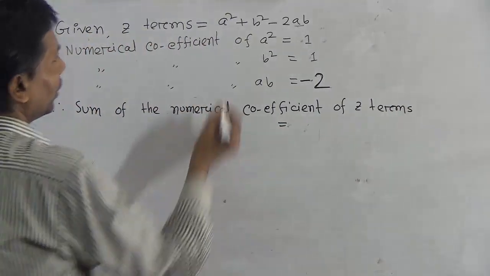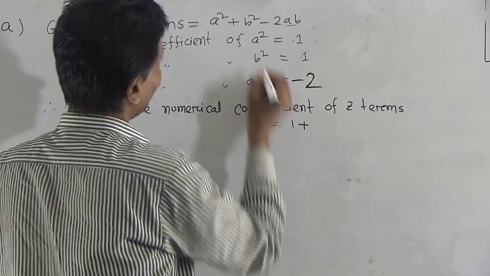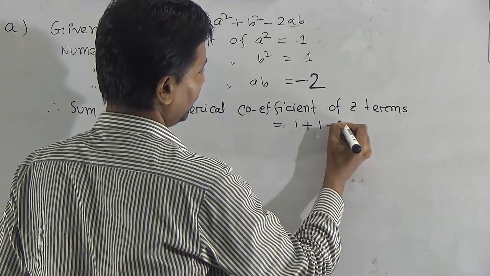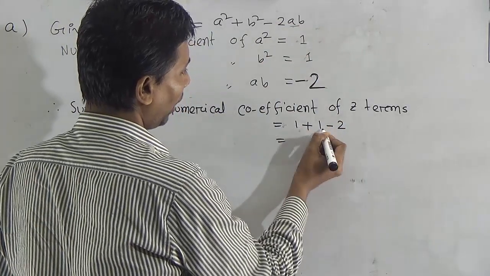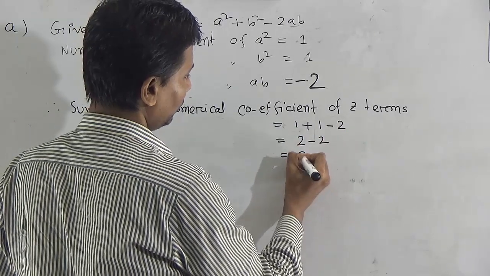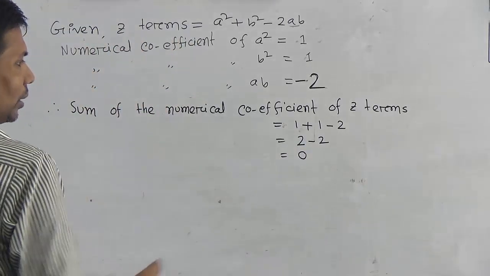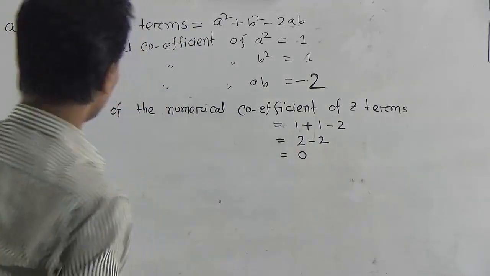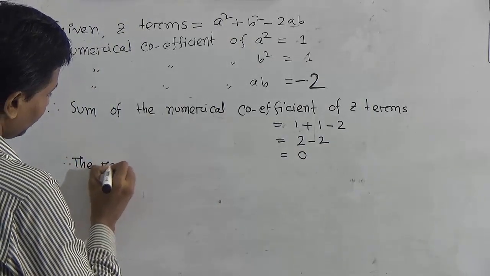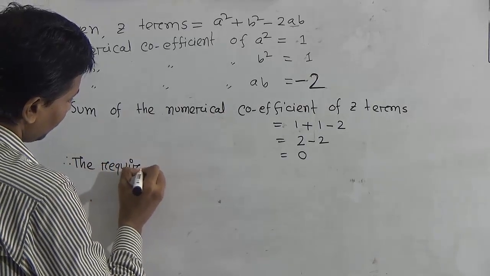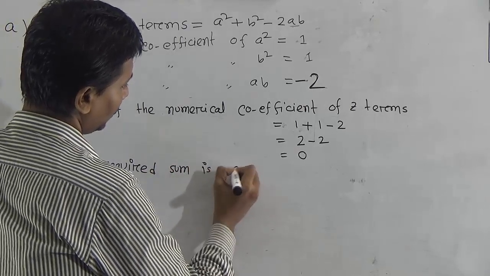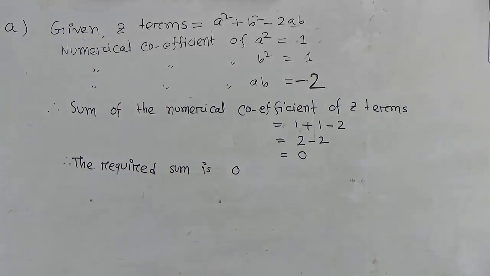You see 1, then the coefficient of b square is 1, then ab its coefficient is minus 2. Here 1 plus 1 equals 2, minus 2, now 0. You subtract 2 from 2, that means 0. Okay, now write the required sum is 0. Okay, this is our answer.